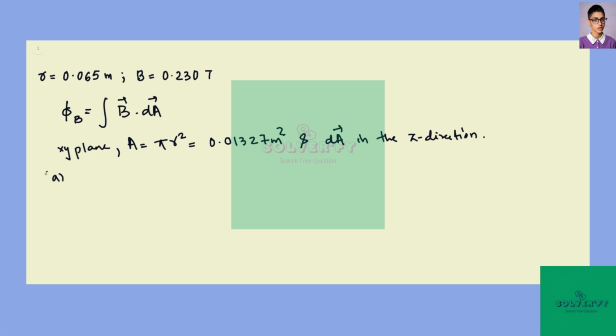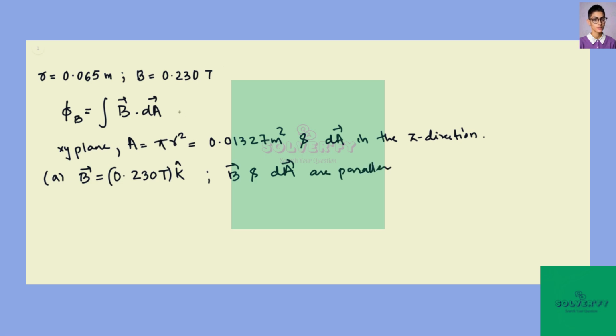So for part A, the magnetic field is in the z direction, so we can write this as the magnitude and then direction given by k cap, and this means that B vector and dA are parallel because both point in the same direction.